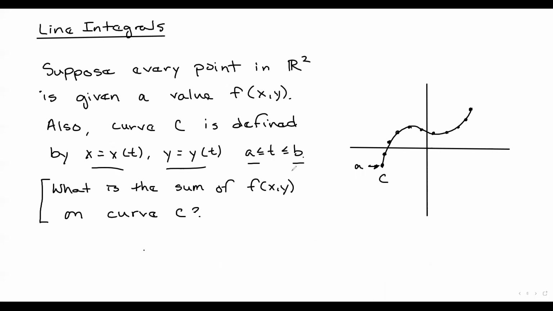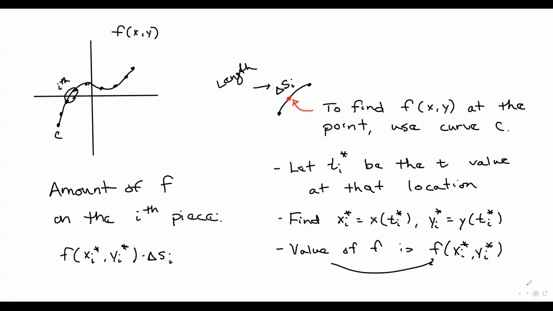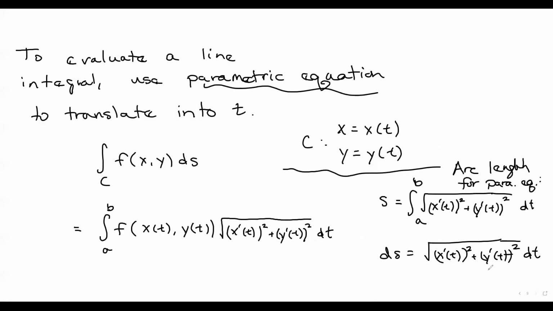So the parametric equation is the key to translating the line integral into something that you can actually evaluate. You're using the fact that C is defined in terms of x of t and y of t with some bounds for a and b. That's the key throughout this.